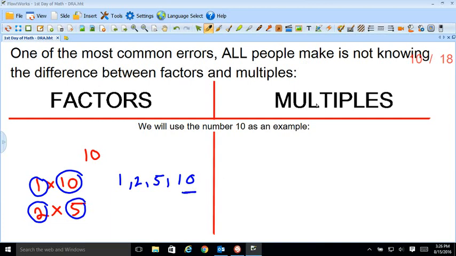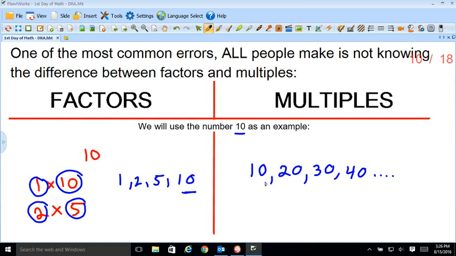Multiples, on the other hand, are not factors. They are different. If we're going to use 10 as our example, we start with 10 and multiply 10 times 1, which equals 10, and then 10 times 2, which is 20, 10 times 3, 30, 10 times 4, 40, etc. When you're skip counting by tens, the numbers you land on are called multiples.